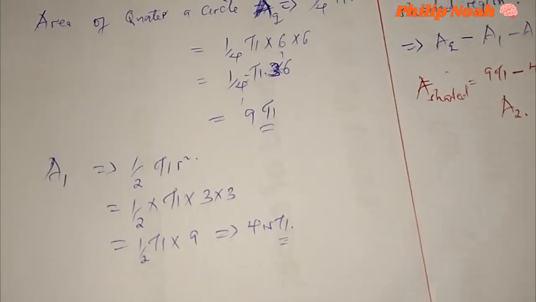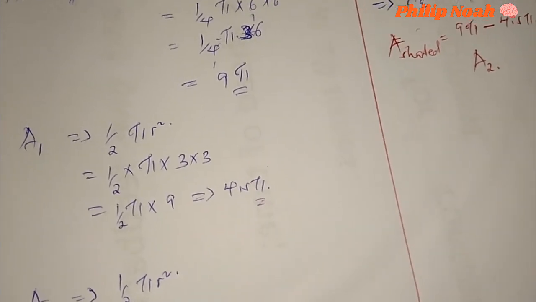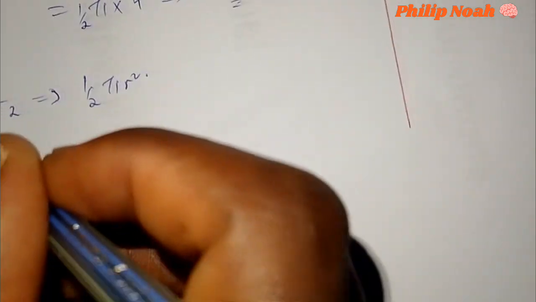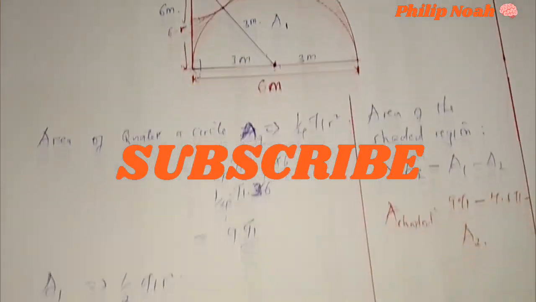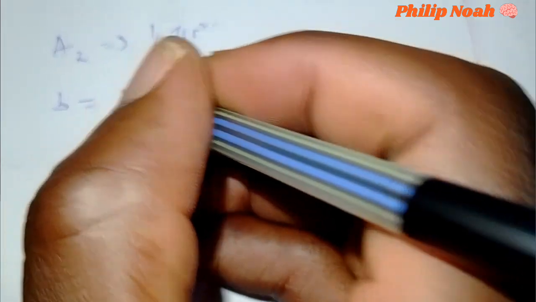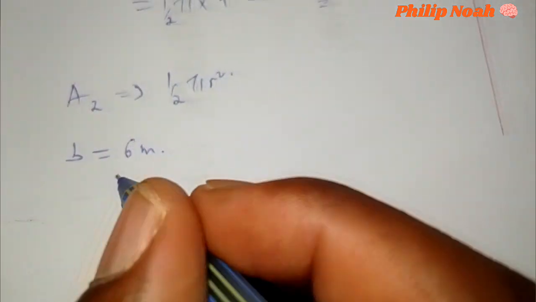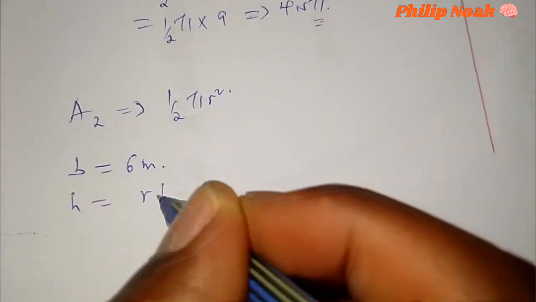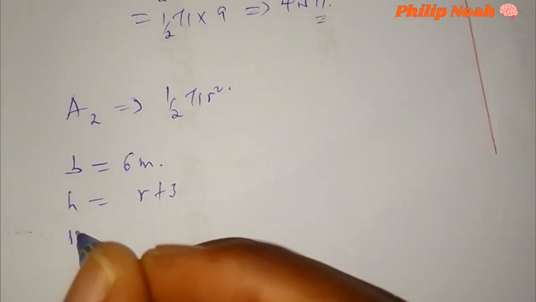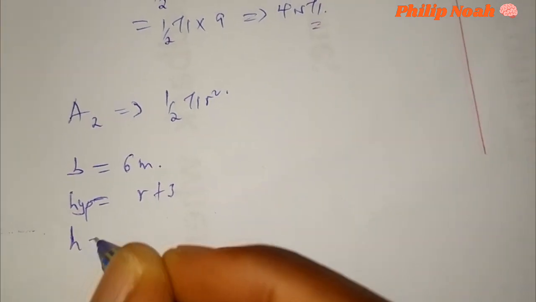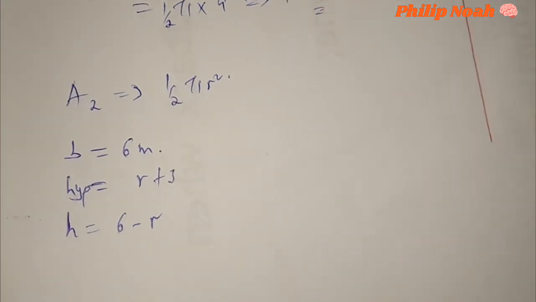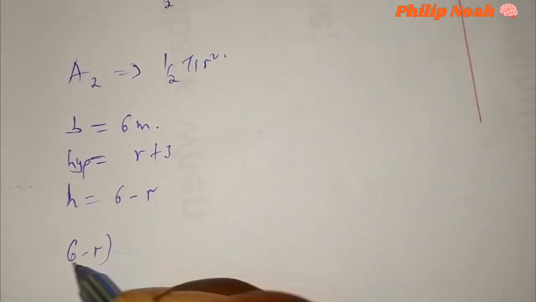So we use Pythagoras theorem and say that base squared plus height squared is equal to hypotenuse squared. Our base is 3 meters. Our hypotenuse is r plus 3. Then our height is 6 minus r, so we take 6 minus r and square.